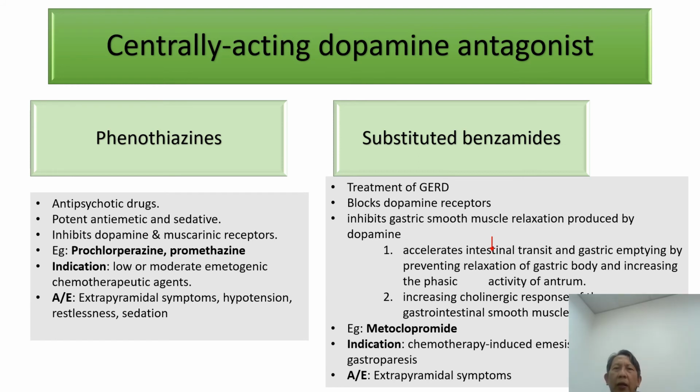Another drug that acts centrally on dopamine is the substituted benzamides. One example of this drug is metoclopramide. It is effective at high dose against highly emetogenic chemotherapy, preventing emesis in around 30 to 40% of patients and reducing emesis in most of the patients.